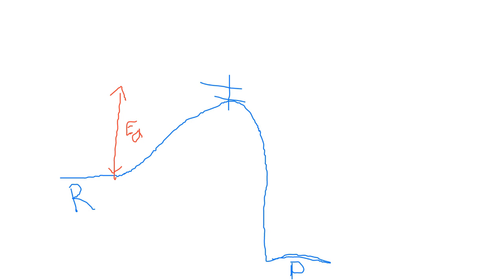When you increase the temperature, that is correct also, Sabrina. Instead of reacting starting from the blue level, they are going to start from this green level. Let's say we just increase the temperature this much, okay?